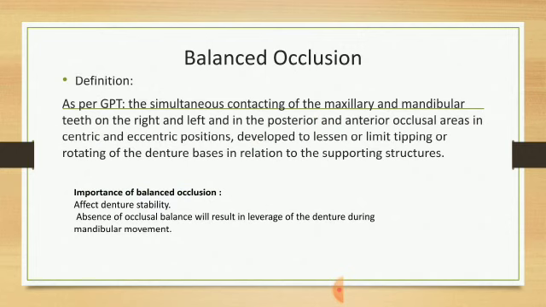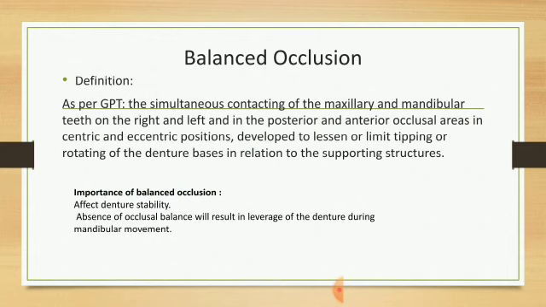Next, we move on to balanced occlusion. So definition as per GPT, it is the simultaneous contacting of the maxillary and mandibular teeth on right and left in the posterior and anterior occlusal areas in centric and eccentric positions, developed to lessen or limit tipping or rotating of the denture bases in relation to the supporting structures.